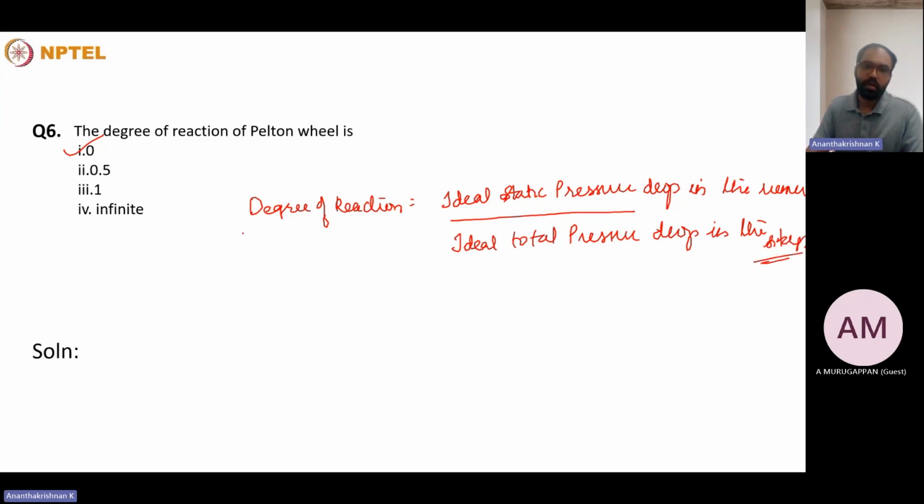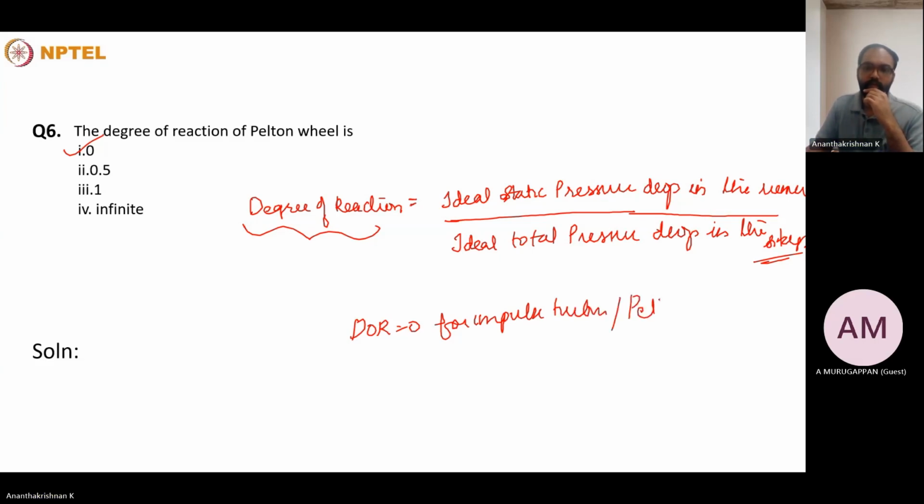In the case of Pelton wheel, which is an impulse turbine, there is no pressure drop which will happen in the runner. All the pressure drop, or the change in head to the kinetic energy, will happen in the nozzle. Since the pressure drop in the runner is zero, the degree of reaction is equal to zero for the impulse turbine, in this case the Pelton wheel.